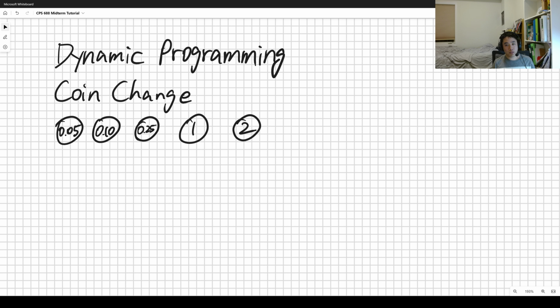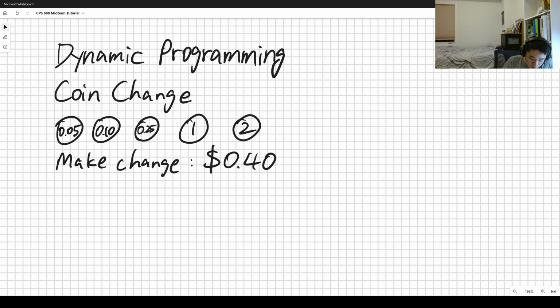And for example, if I want to make some change, for example, 40 cents, how do we make that change without having to give customers excessive coins, because nobody likes to keep too many coins around.